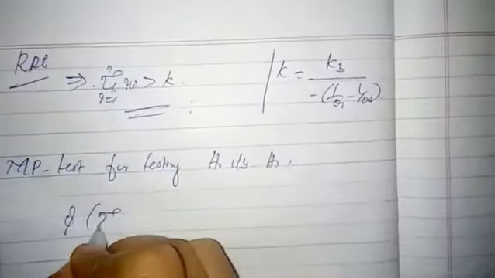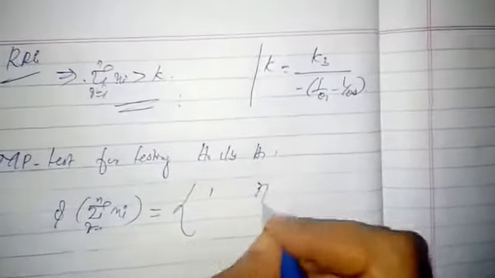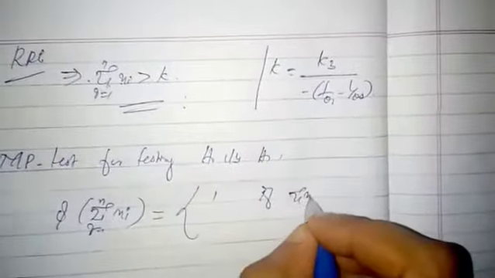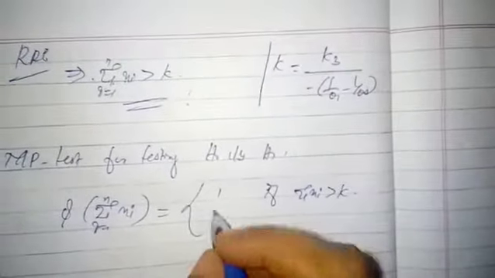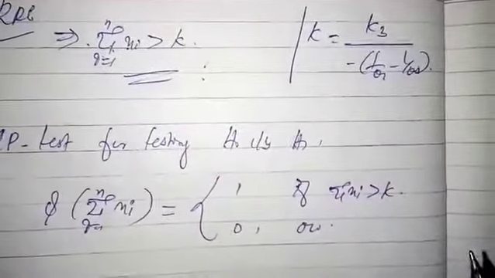That is phi of summation i = 1 to n of xi equal to 1 if summation xi is greater than k, 0 otherwise. Here we got the most powerful test for testing H0 versus H1, right.